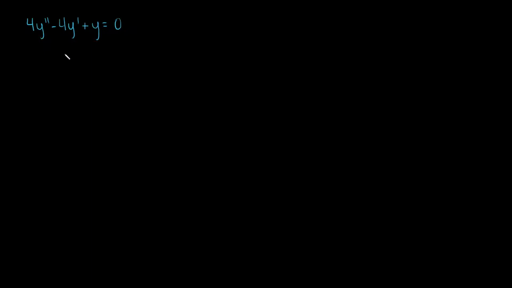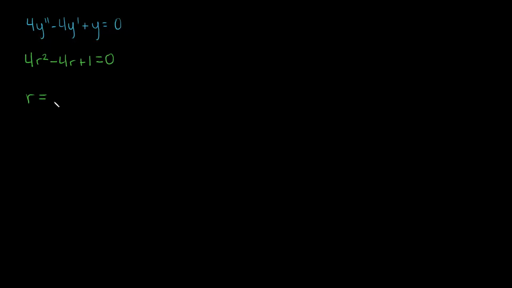Okay, so first we need to get our auxiliary equation. The auxiliary equation, or the characteristic equation, they're really just synonyms. The characteristic equation is 4 times our root r squared minus 4 times r plus 1. This must equal 0. Because we have this 4 here, I don't know if it'll be so fast to factor this, so let's just use the quadratic equation to get our value of r.